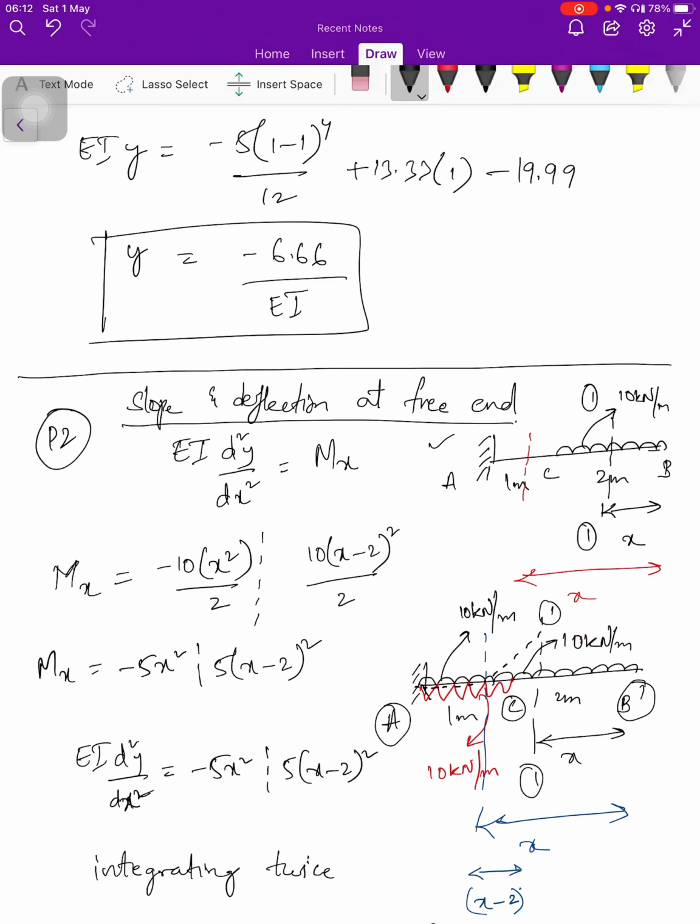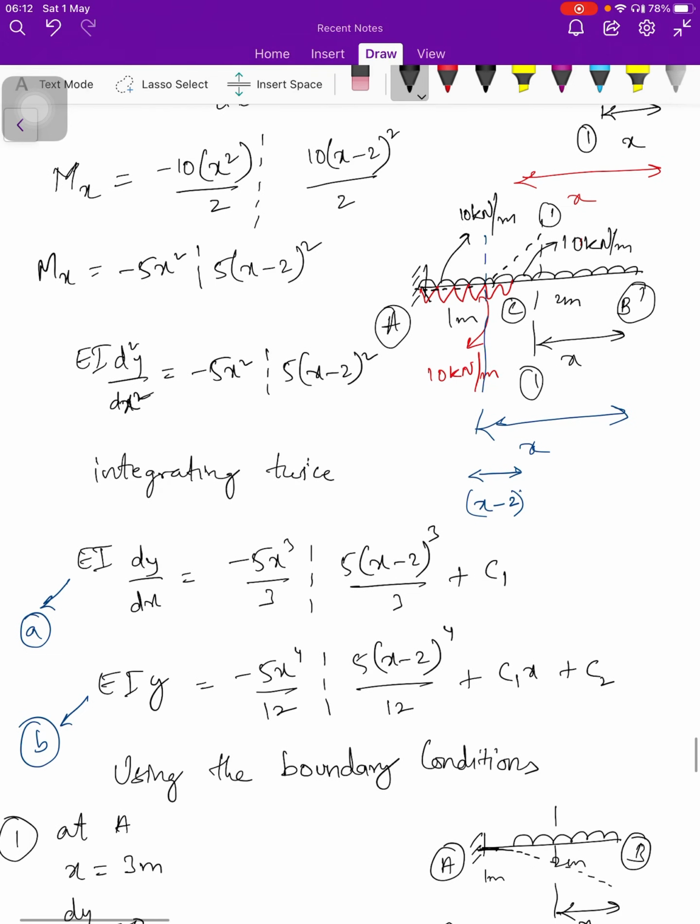This plus 10 into (x minus 2) whole square by 2 is the moment of the UDL in red, and it is vertically upward. So vertically upward means it is a sagging moment, so it should be positive. So the Mx equation is minus 5x square plus 5 into (x minus 2) whole square.